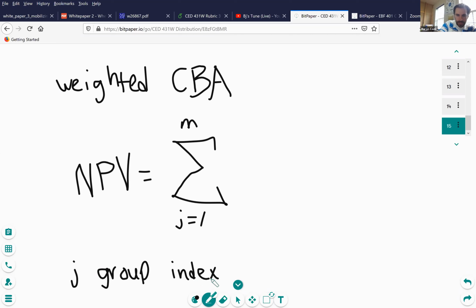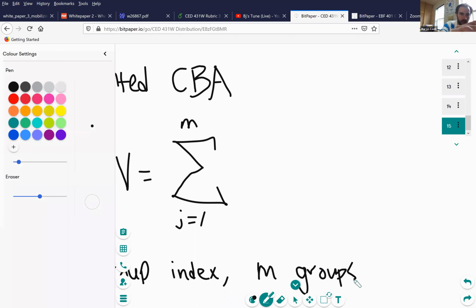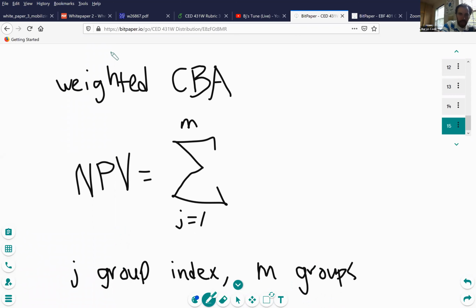J is the group index, and there are M groups because we're summing over each group, and we're doing it for all M groups. So it's actually M that represents the number of groups. And again, in general we have flows of benefits and costs over time. So these benefits and costs over time are going to accrue to different people, starting at time 0 and going all the way up to time capital T, which is the terminal date of the project.